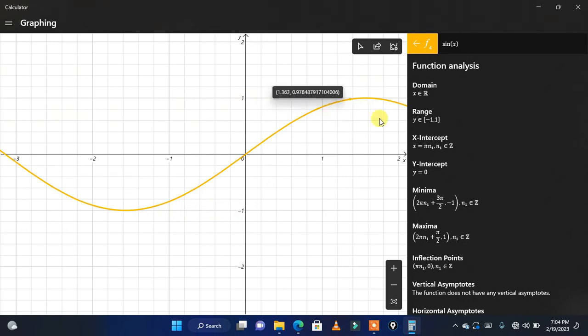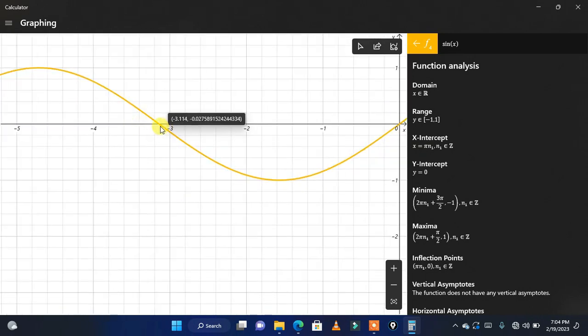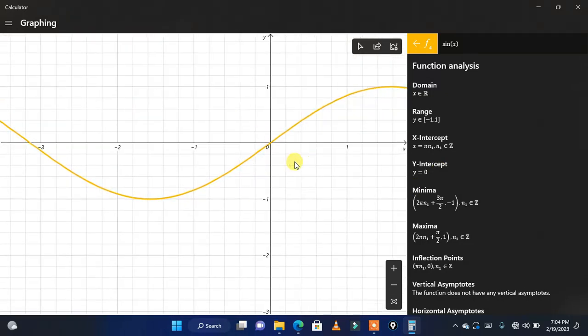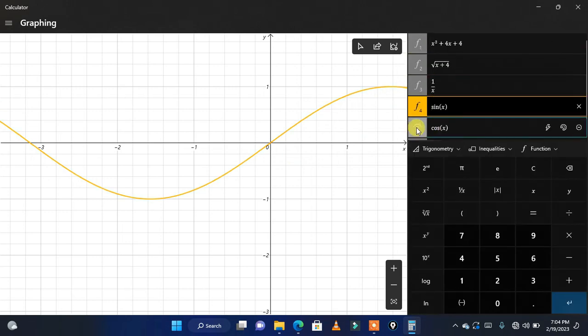That implies that the range should be the set from negative 1 to 1 inclusive, right? Now the intercepts have certain points, and since we are talking about angles, they are being spoken about in radians actually, right? In radians. Okay, so let's quickly go to the cos curve.